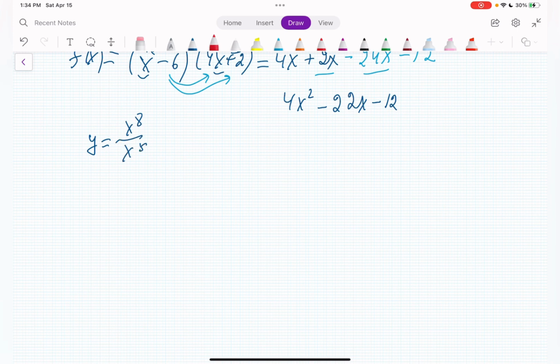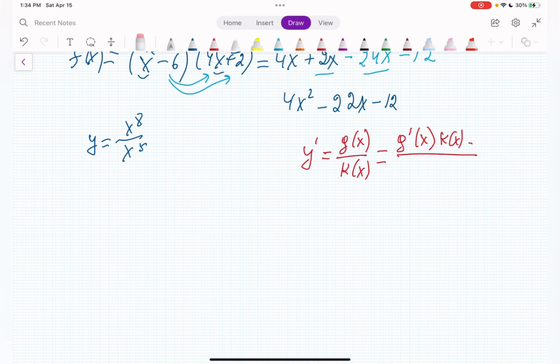For the beginning, I have to say, based on the quotient rule, it's going to be the following way. y prime, let's say g of x over k of x, is going to be equal to g prime of x times k of x, minus k prime of x times g of x.